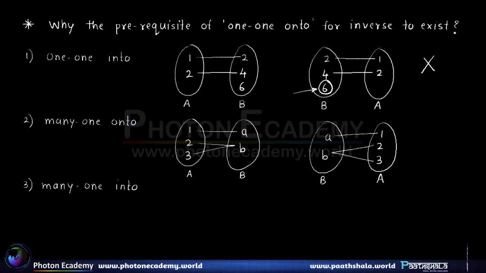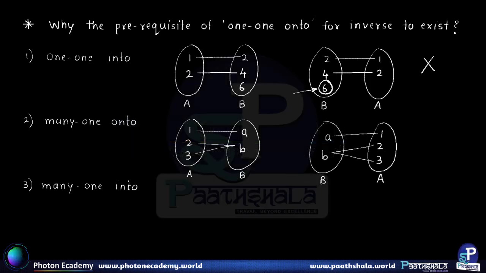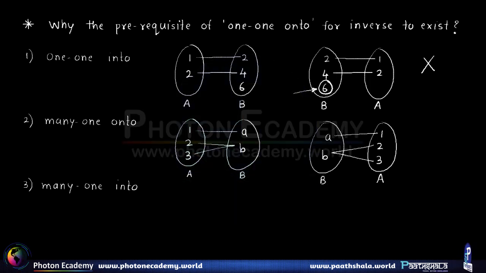Now here no doubt all the elements of the first set have some images, but there is a problem with element B, because B has 2 images, 2 and 3, in the second set, and as per the definition of the function you cannot have multiple images for the same pre-image in the first set. So this inverted relation is also not a function.